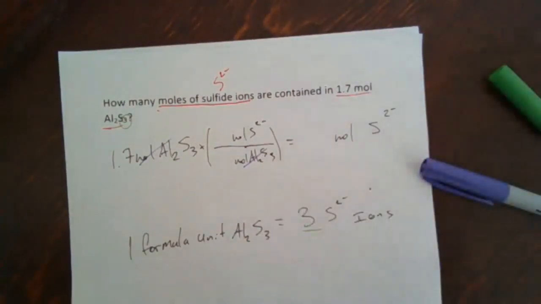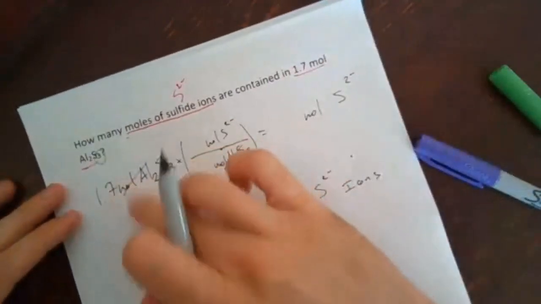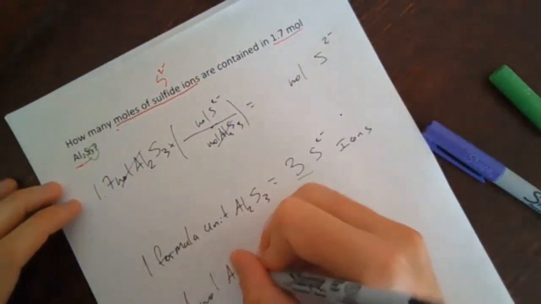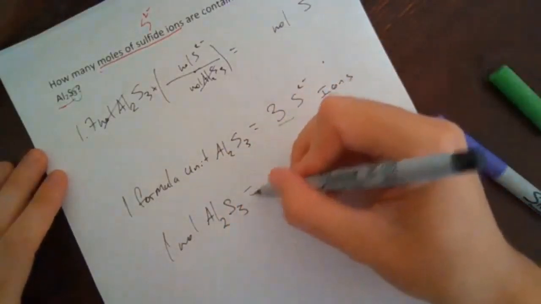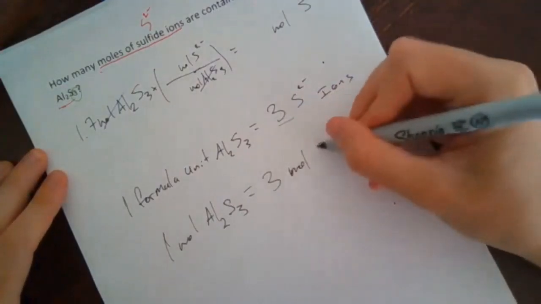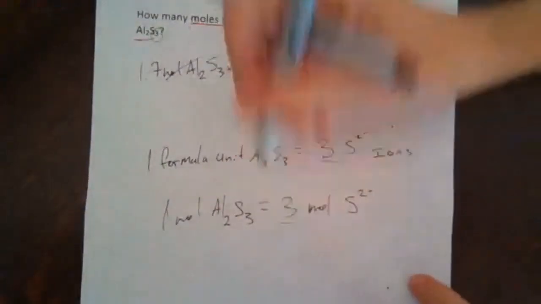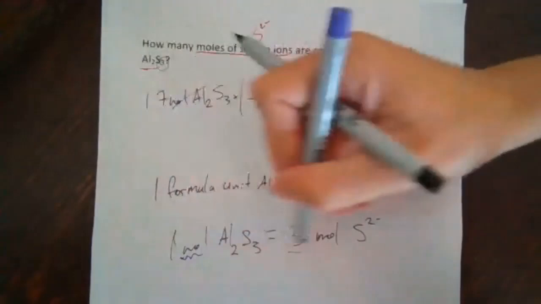And that relationship is true. But now we're dealing with moles. So instead of one formula unit, we want 1 mole Al2S3. And that's still going to be equal to the same 3 moles of S2 minus. The 3 is the same 3 we had right there.